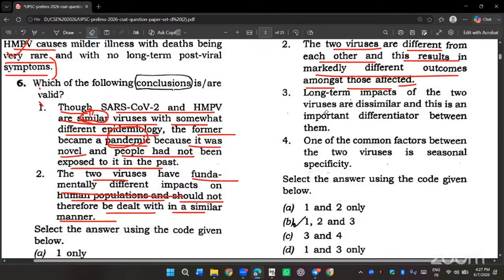Then statement 3, no long-term impacts of the two viruses are dissimilar. This kind of a statement will be asked. Instead of speaking directly, I will speak in the opposite way.